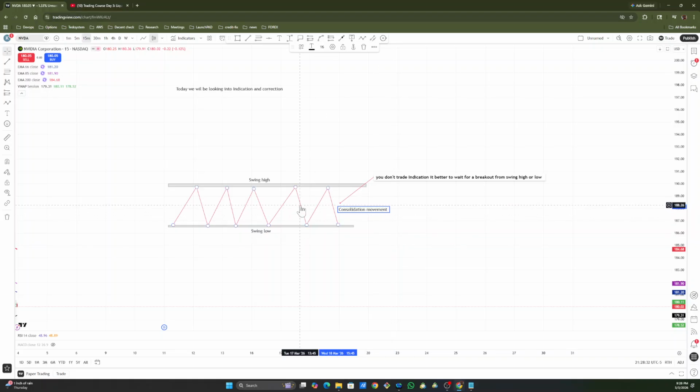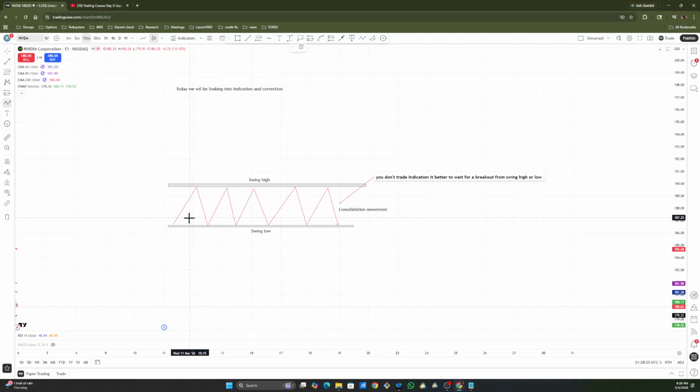And when you see a market trending like this, you don't have to trade. The best thing for you to do is to put your notification right here and right here. So this is your structure and you're just waiting to see which direction the market is going to break. Either it's going to break the swing high or it's going to break the swing low.